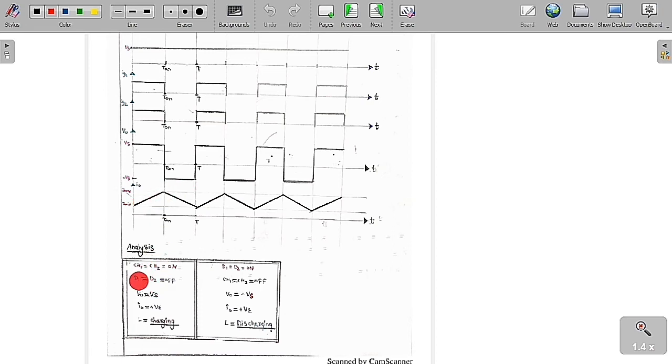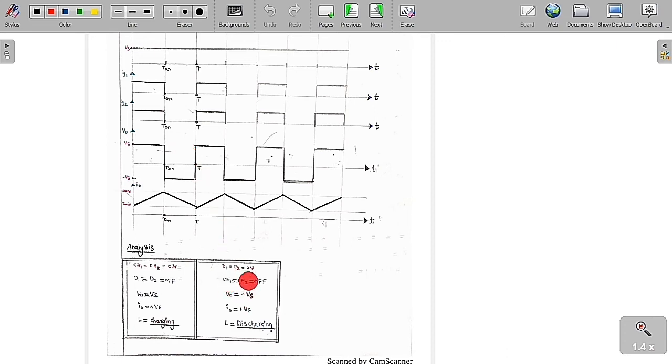So in the first case, chopper 1 and chopper 2 both are on and D1, D2 are off. Therefore V0 is equal to Vs and I0 is positive, meaning the inductor is charging. In the second case, both the choppers are off, which means diode D1 and diode D2 are going to conduct.